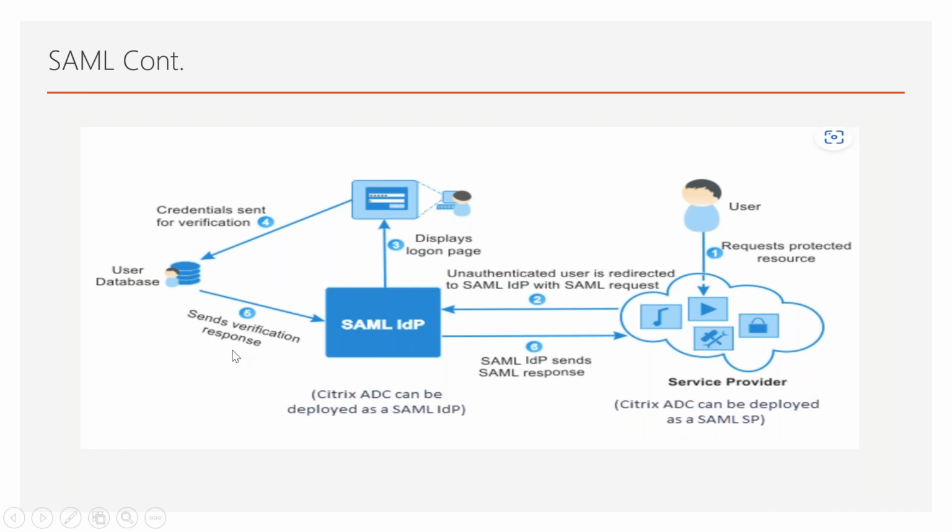My session will be redirected to the identity provider, where I will enter my username and password. Once the verification is done, it will send an assertion claim, which will be consumed by the service provider, and the access will be provided. This is how authentication works in SAML.